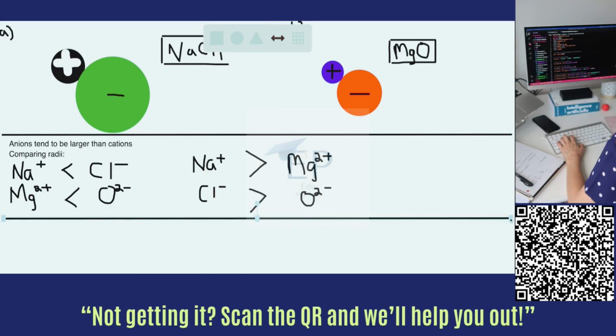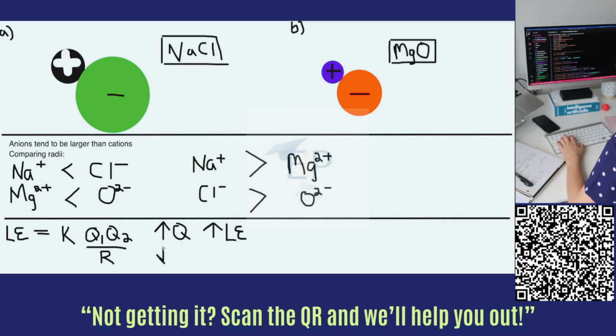The next part of the question asks us about lattice energy. Let's recall how to calculate lattice energy. Lattice energy is equal to K, which is a constant, times Q1, which is the charge of one ion in the ionic compound, times Q2, which is the charge of the other ion, over the distance between the ions, which is R. Looking at this equation, we can determine that the product of the charges, which is represented by Q, if it's larger in magnitude, will have a larger lattice energy.